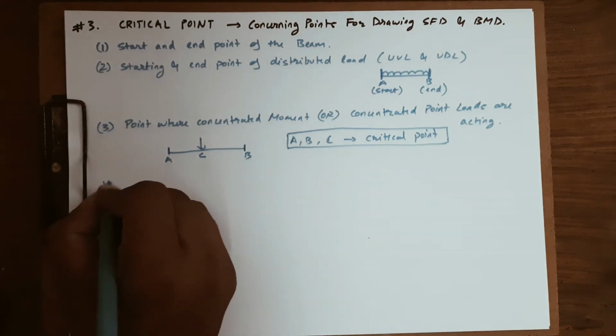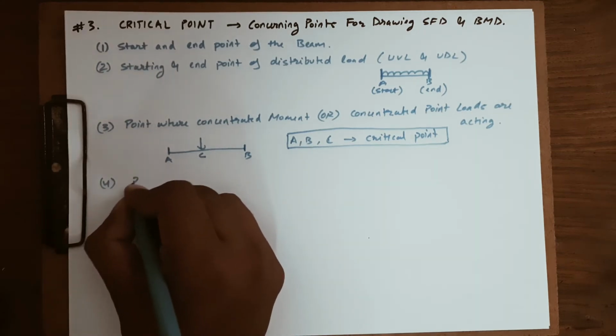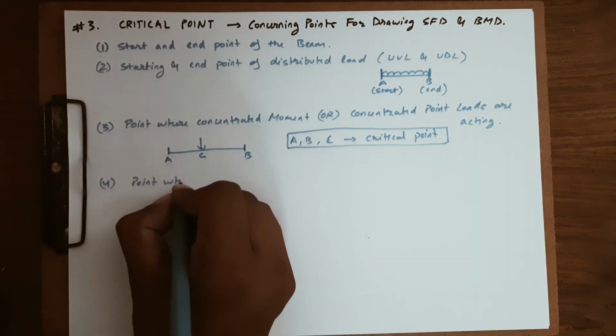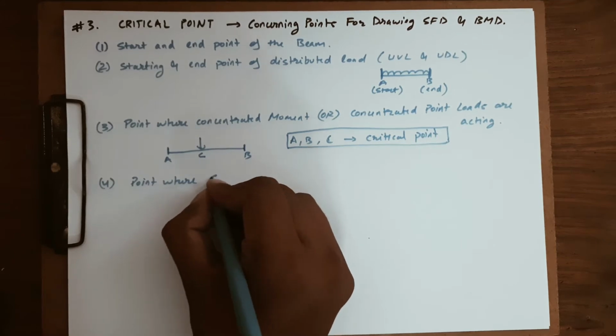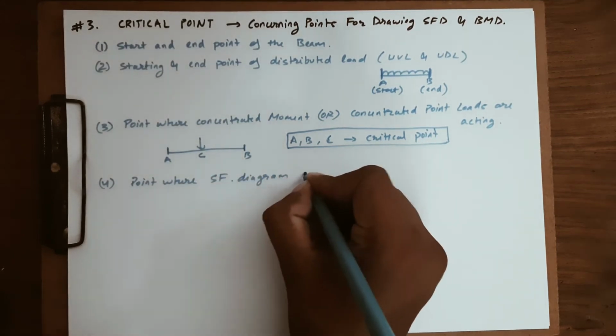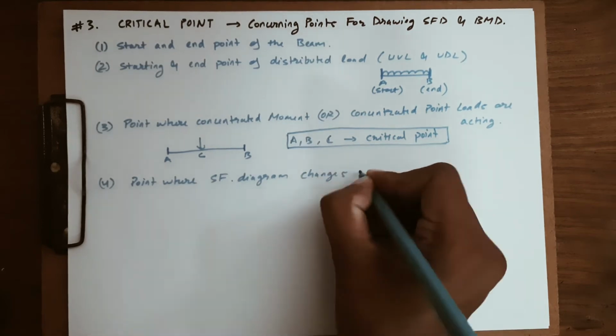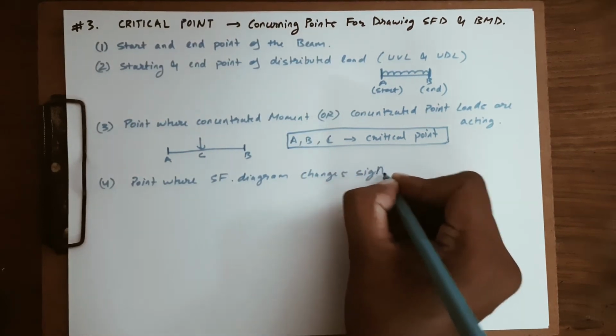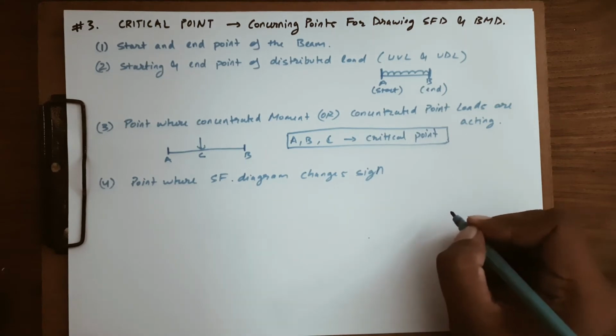Now our fourth point is the point where the shear force diagram changes sign. So it becomes a critical point for the calculation of bending moment.